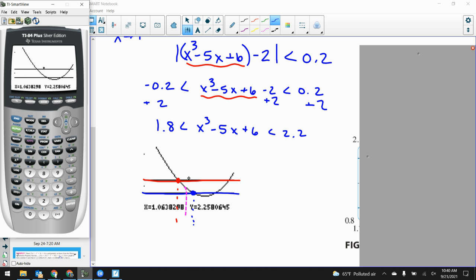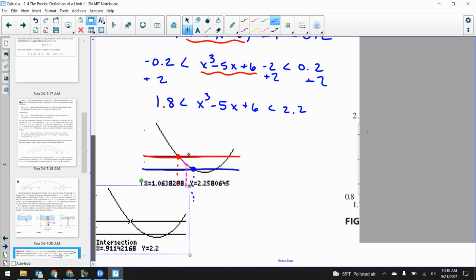So let's calculate that. Second, calculate. Let's do the intersection point, choice 5. It's first curve, second curve. I'm going to go the upper line. I'm going to do left side boundary first. Guess, whatever. So here is my first intersection point.